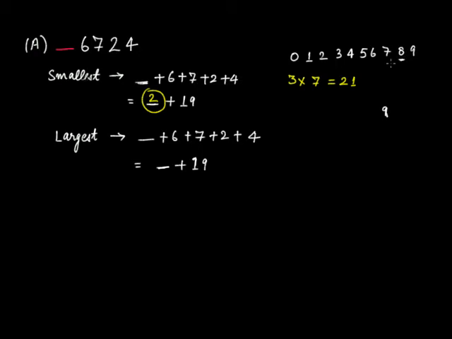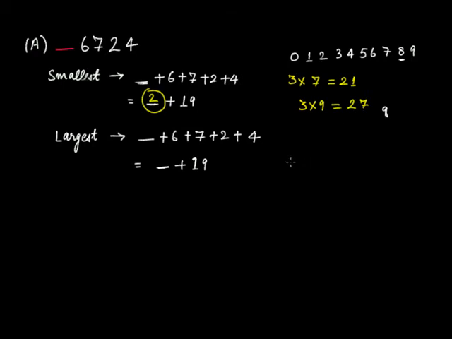What about 8? So 19 plus 8 is 27. And yes, 27 is divisible by 3, because 3 times 9 is 27.